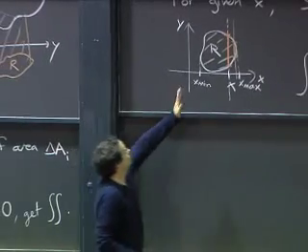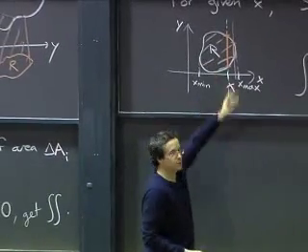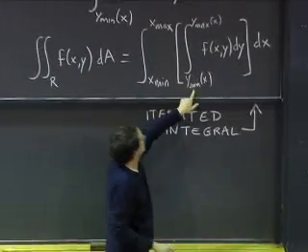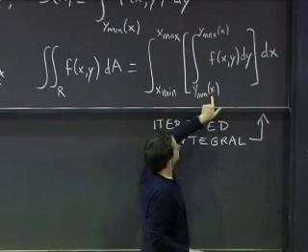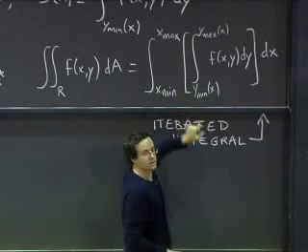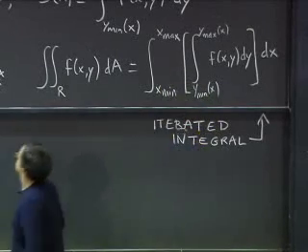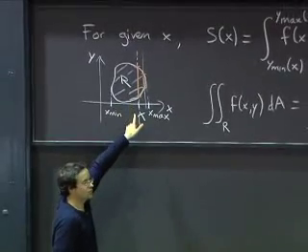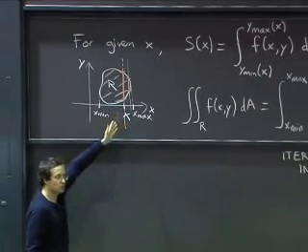For any value in between these, I will have some red segment, and I will want to integrate over that. On the other hand, here, the bounds will depend on the outer variable x. Because if I fix a value of x, what the values of y will be depends on x in general.